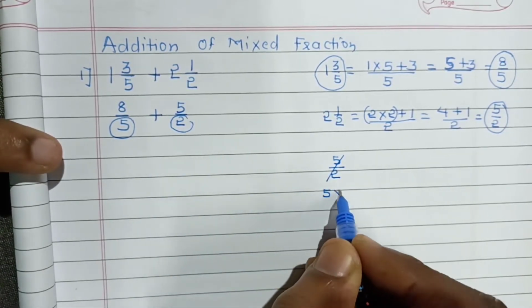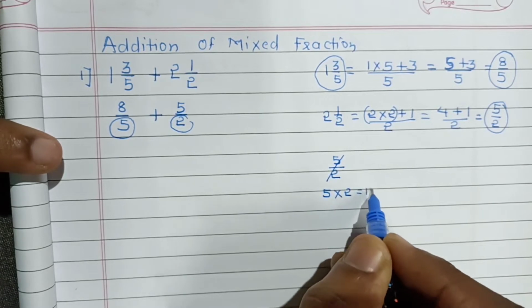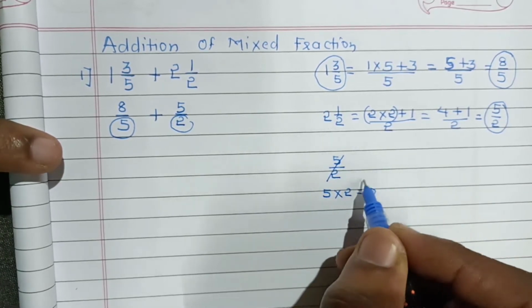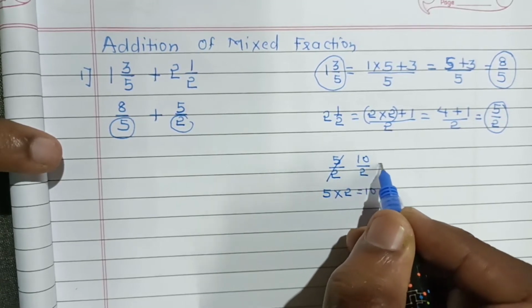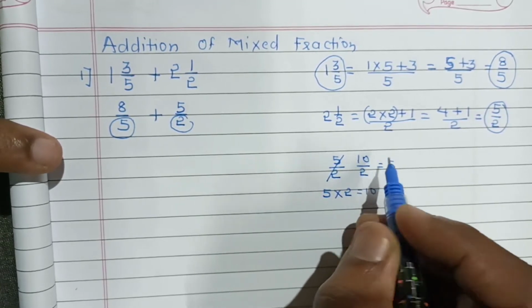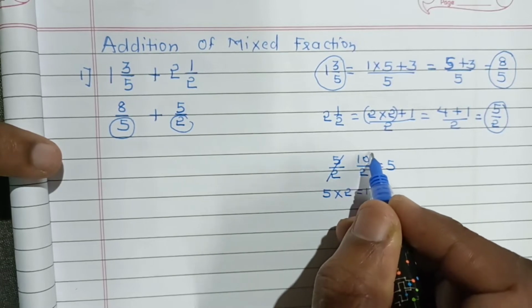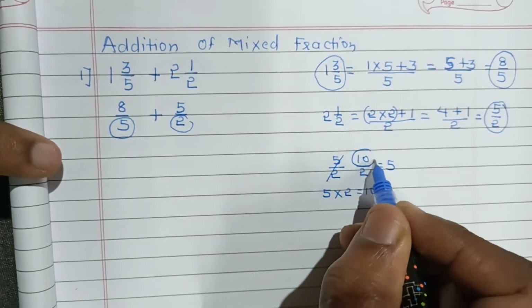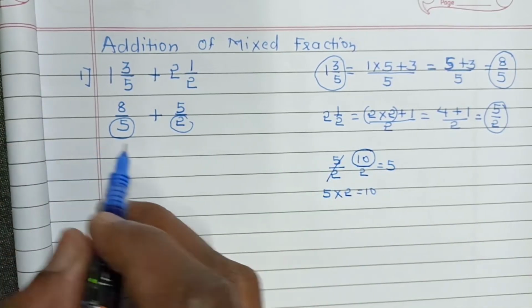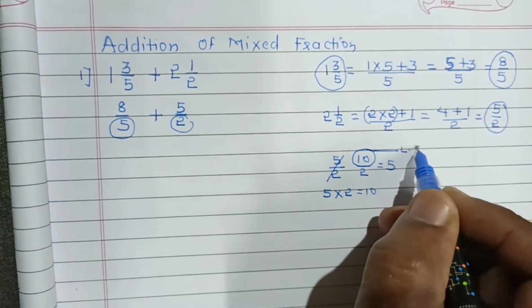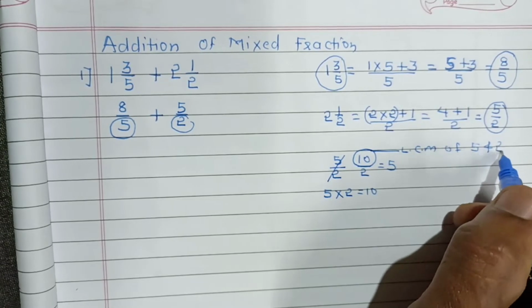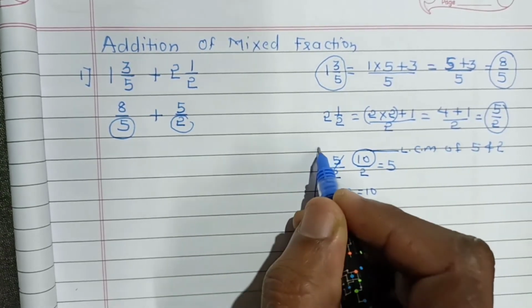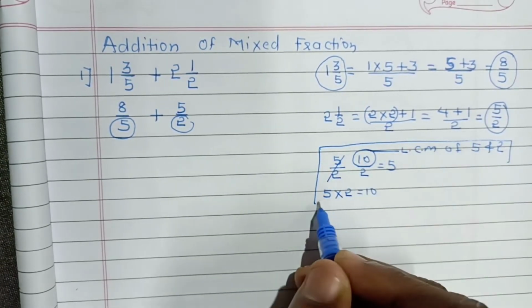You have to multiply with 2. 5 2s are 10. So now you have to see this 10 is divisible by 2 or not. So 10/2 is 5. It is divisible. So therefore you have to take the highest number as 10. So 10 is the LCM of 5 and 2. So this is the shortcut method to find out the LCM of any given numbers.